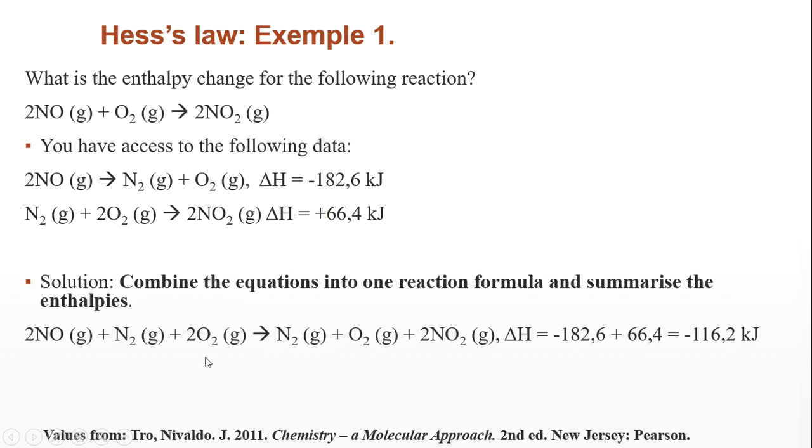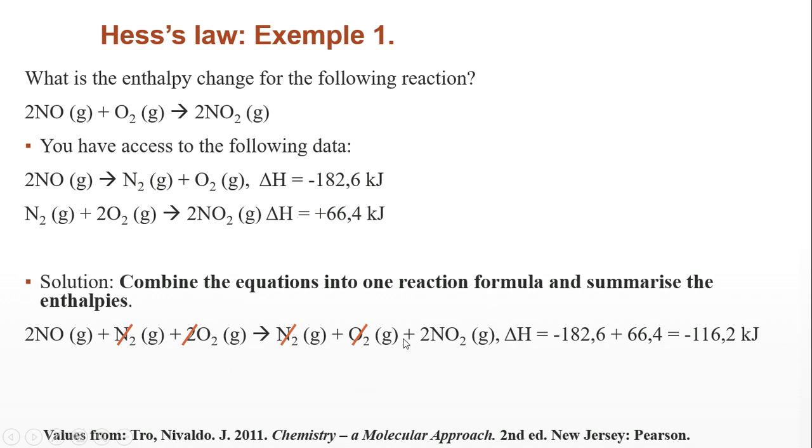The neat thing here is that since we have some of the same things on both sides, we can start to cross out things that occur on both sides of this chemical equation. For example, nitrogen molecules appear on both sides, as well as oxygen molecules. So we can cancel out one of those, and then we can cancel the two here, making it effectively a 1.